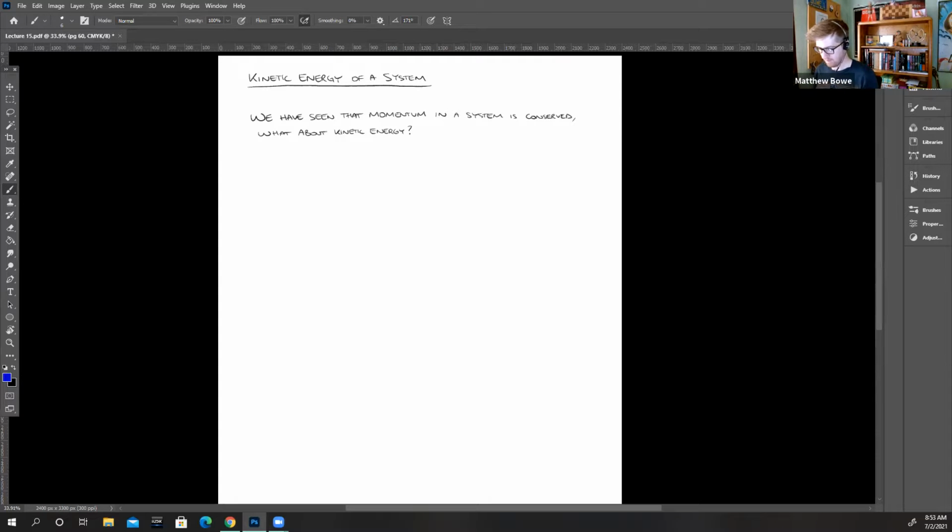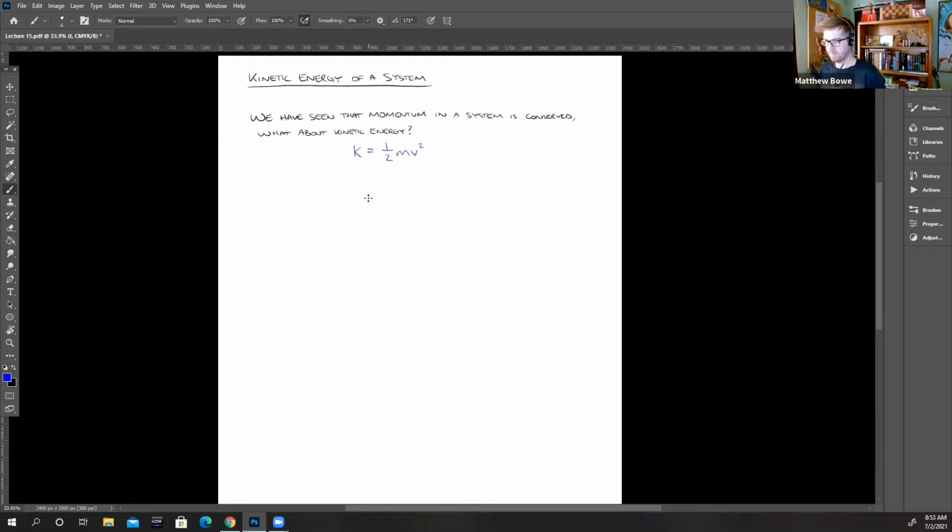We have seen that momentum in the system is conserved. What about kinetic energy? I don't really need to write the equation here, but I will just to remind us. Try to make that look like a capital K: K is 1/2 mass times velocity squared.